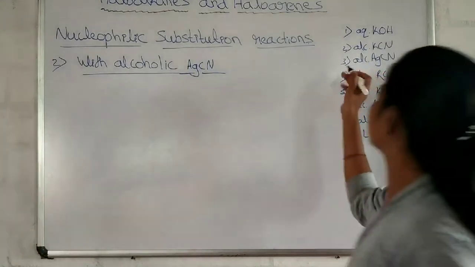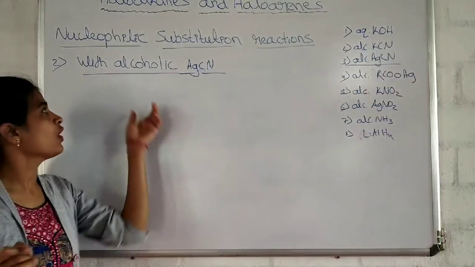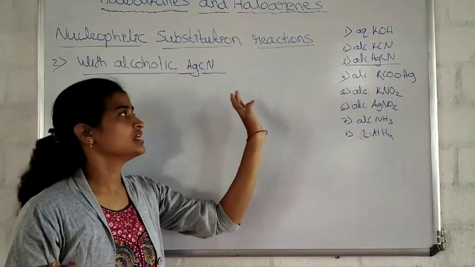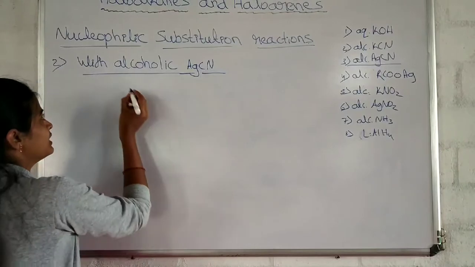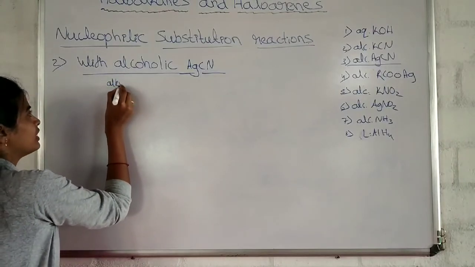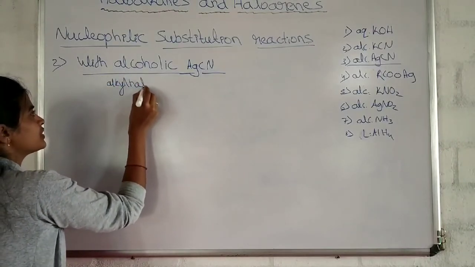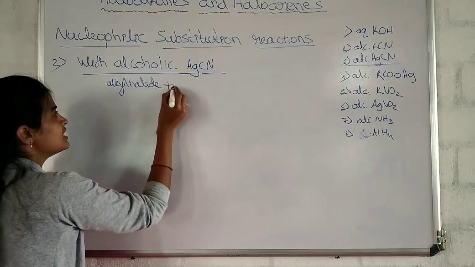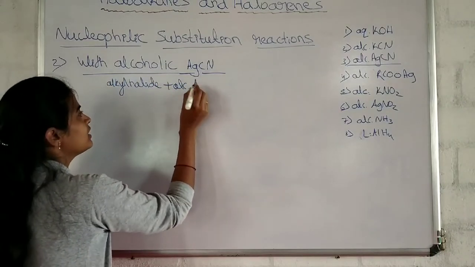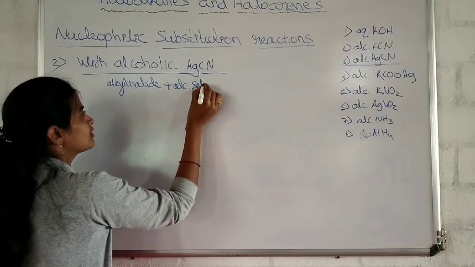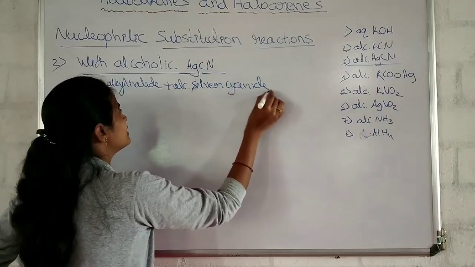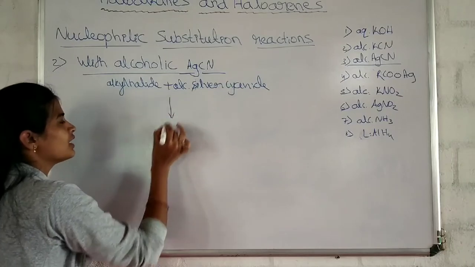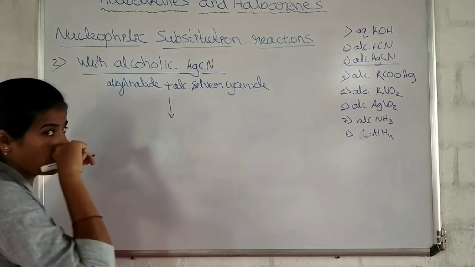Next, the third one is what? With alcoholic AgCN. What is AgCN? Silver cyanide. Concentrate here. When alkyl halide is heated with alcoholic silver cyanide, what is formed?